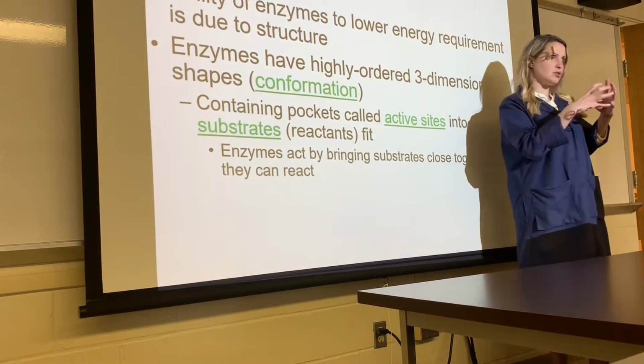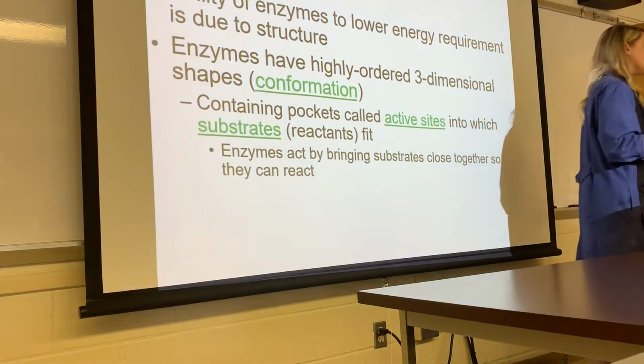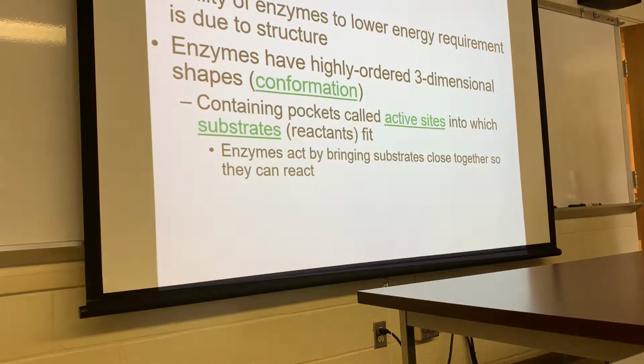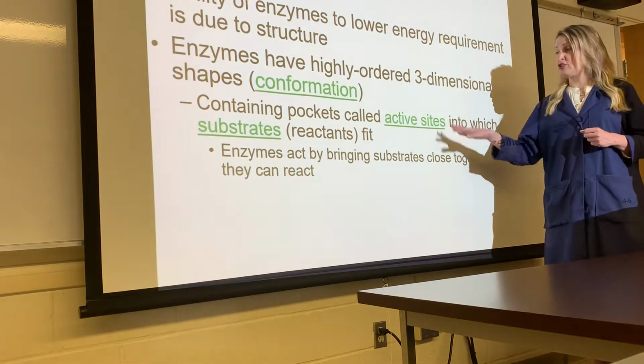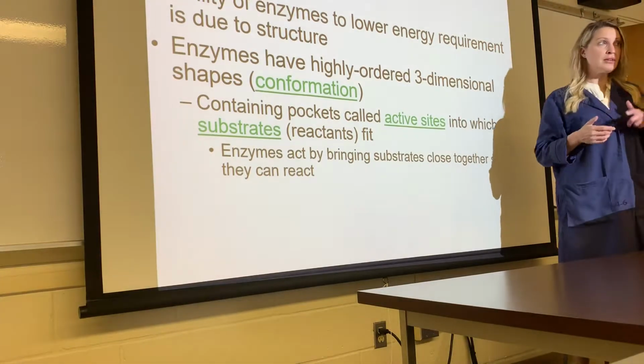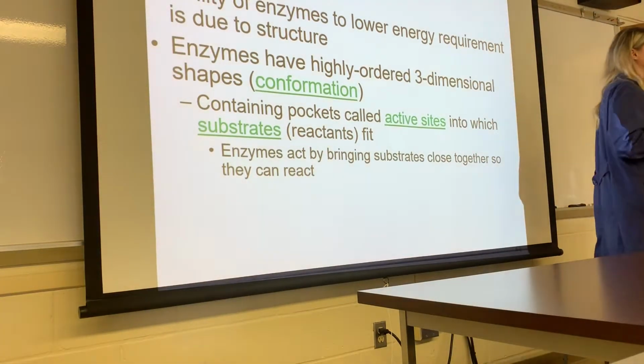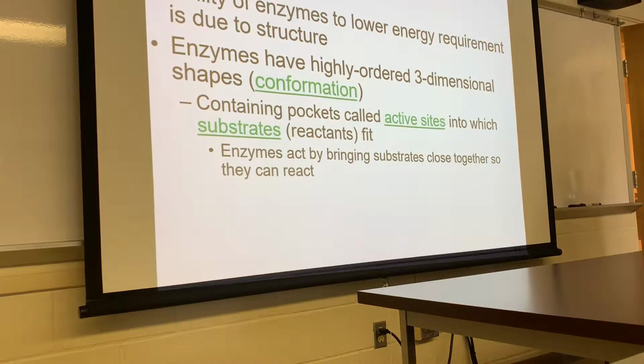They're little pockets where some type of substrate or reactant will fit that it's going to interact with to cause the reaction to occur. And so the active site has to be the right shape, and if you have one amino acid out of place, it's possible that that shape will be wrong. Does that make sense? Does that make sense to you?